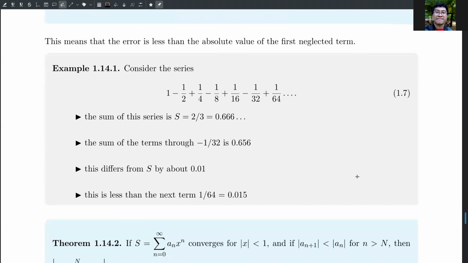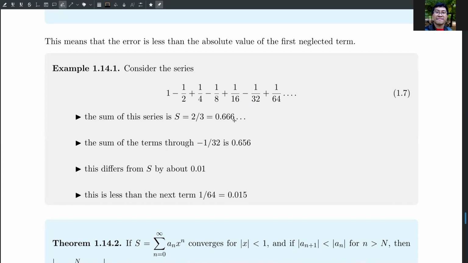For example, if you have this alternating series, the sum of this series is known as 2/3, so this is equal to 0.666. If we only add up to 1 over 32, say we neglect the terms 1 over 64 and above, we get 0.656.